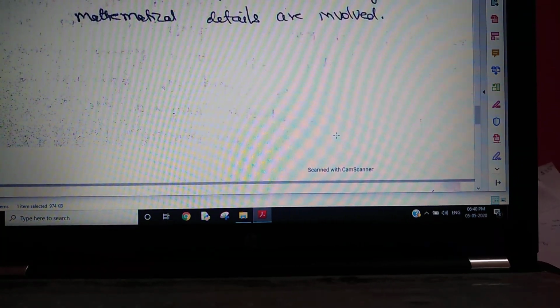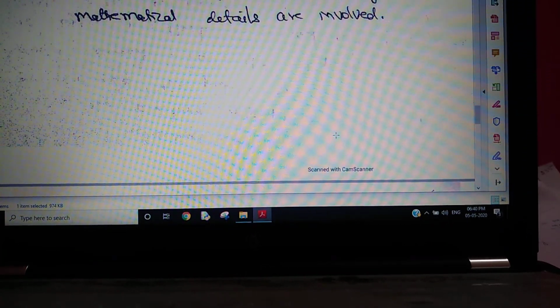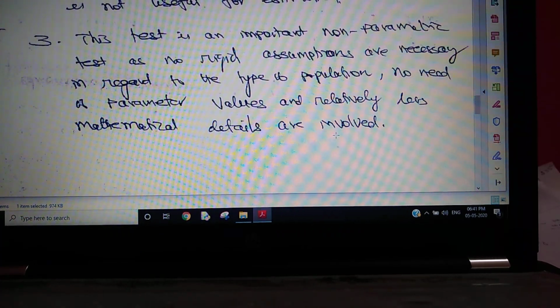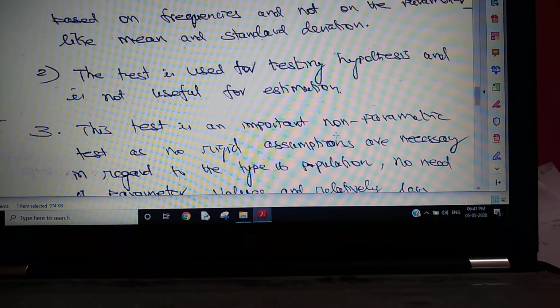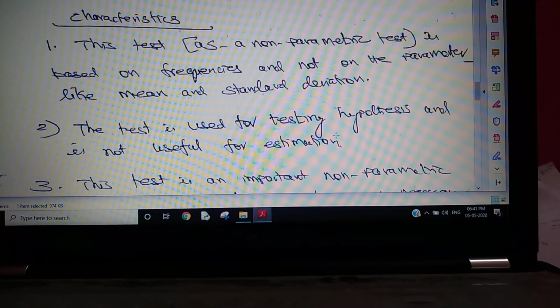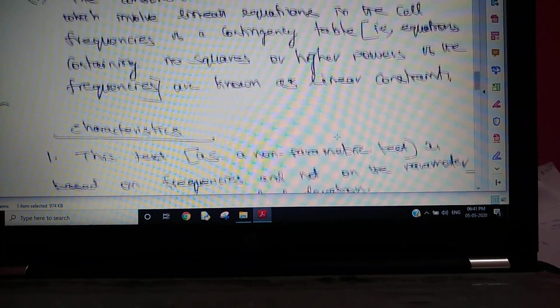Then we entered into the analysis part. We started with the importance of analysis, then correlation, regression, multiple regression, cluster analysis, factor analysis, discriminant analysis, conjoint analysis, and so on.